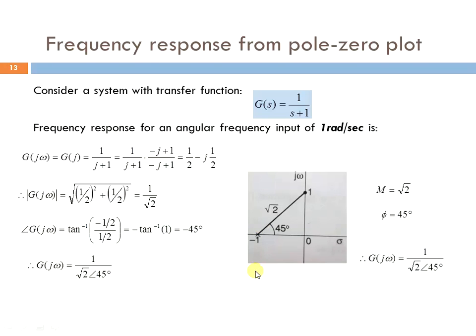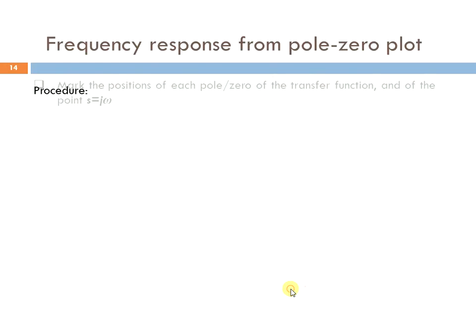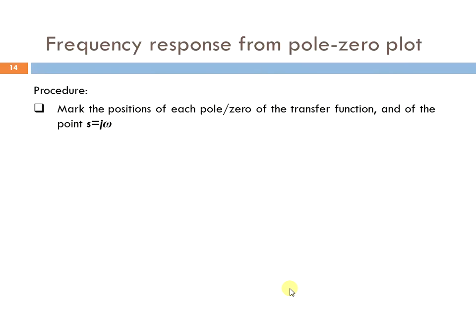And so we can use the pole-zero plot method as an alternative to finding the frequency response of a system.